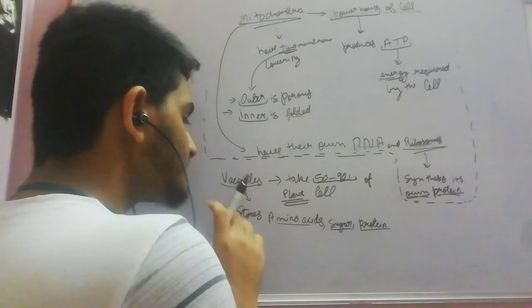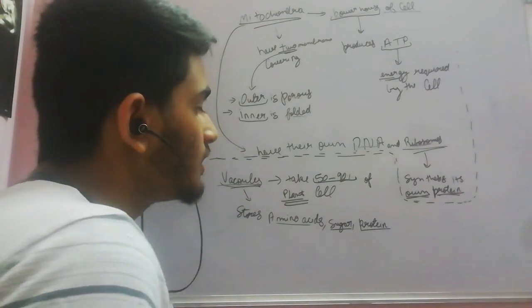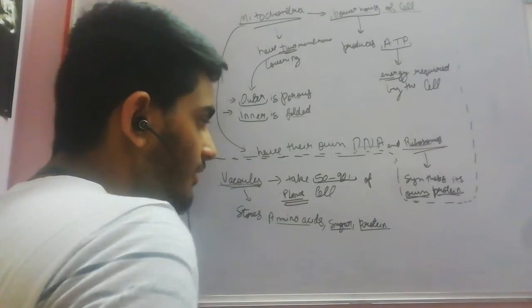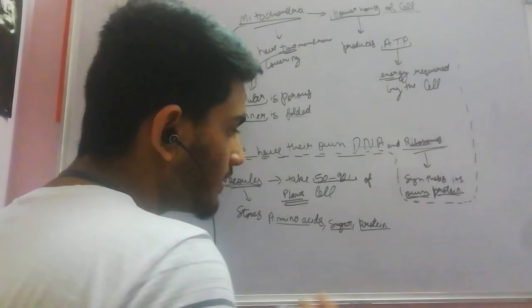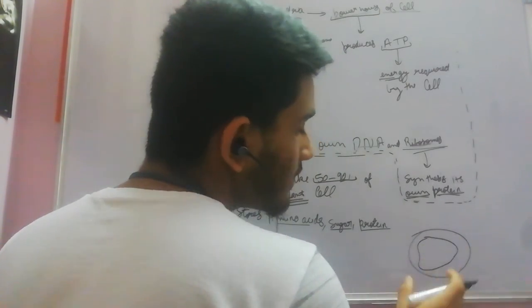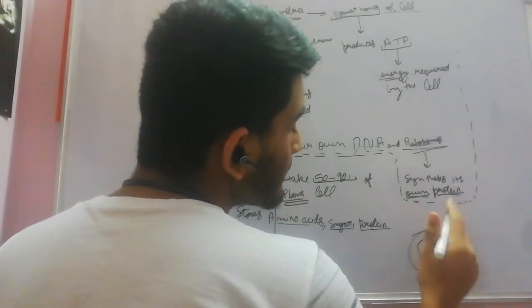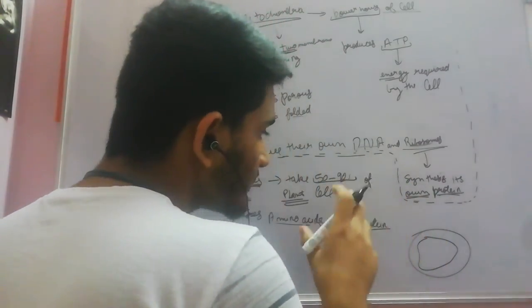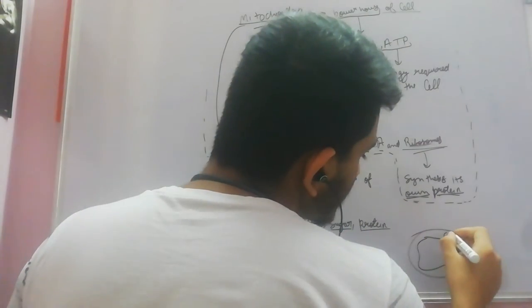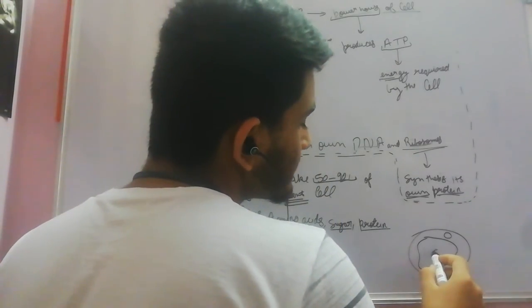Okay, now let us talk about the next cell organelle, which is the vacuole. Vacuoles take up 50 to 90% of the area of the plant cell, not the animal cell, only the plant cell. This is the plant cell. If they take 50 to 90% of the area of the cell, they shift the nucleus to one side. So in plant cell, the nucleus is not in the center.